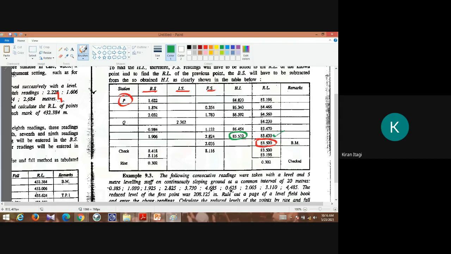For this height of the instrument, we will subtract the backsight, so we will get the RL. So we will do the same thing and get the RLs. The only thing is that we are going in reverse order.